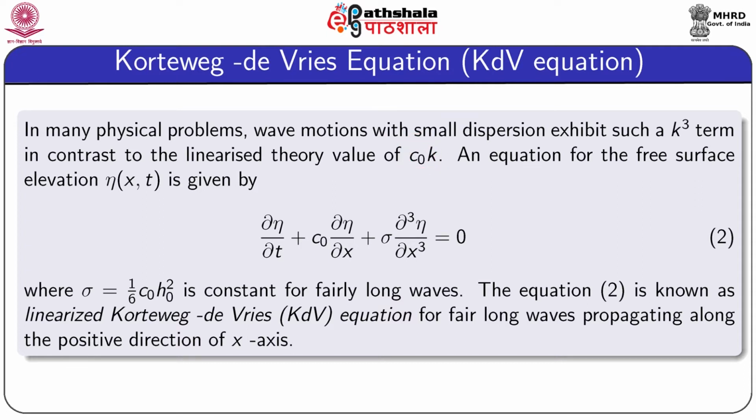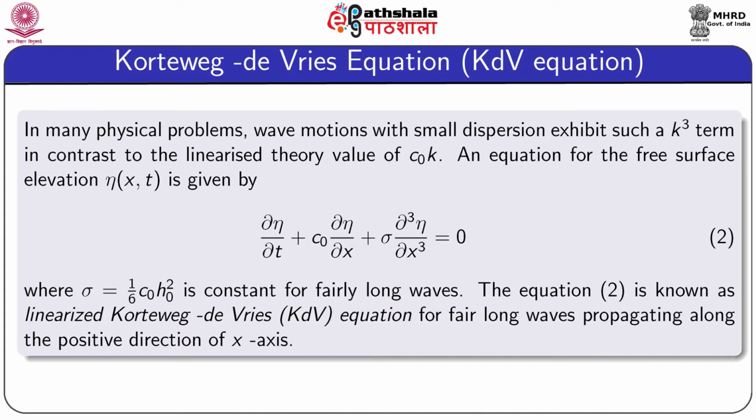Now, the equation for the free surface elevation, denoted by eta, which is a function of x and t, is given by del eta del t plus C0 del eta del x plus sigma del cube eta del x cube equals 0, where sigma is defined as sigma equals 1/6 C0 h0 squared, and this is a constant for fairly long waves.